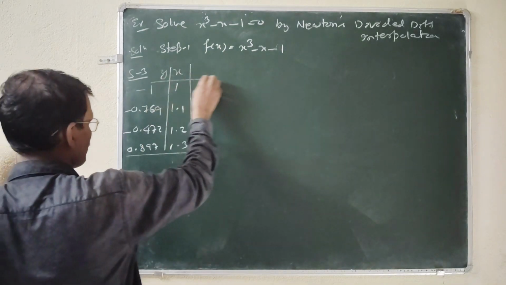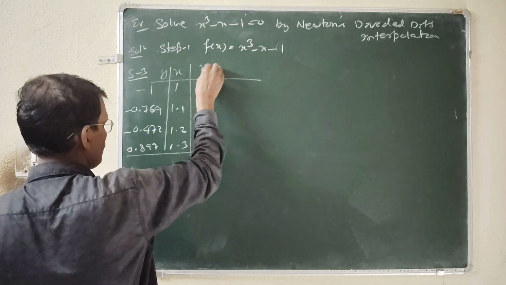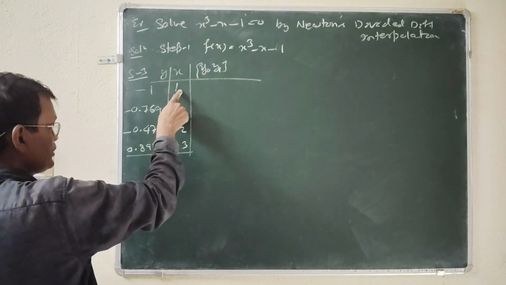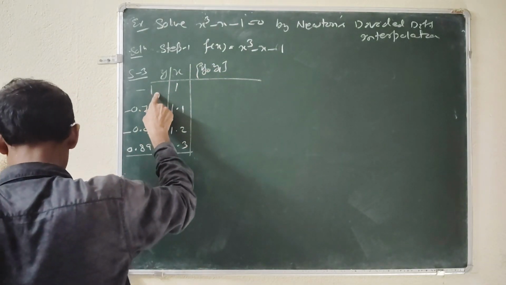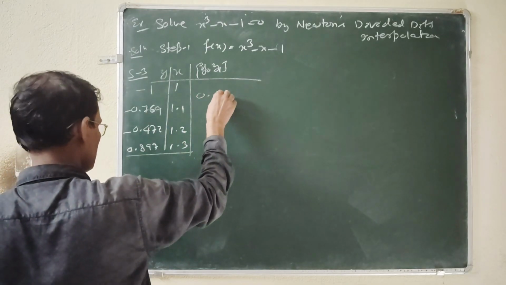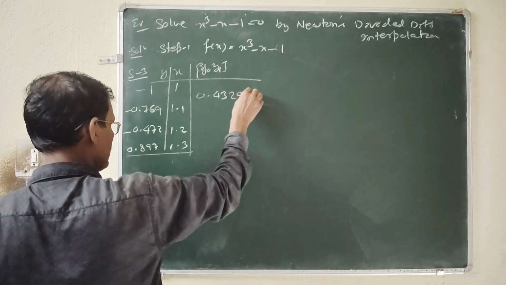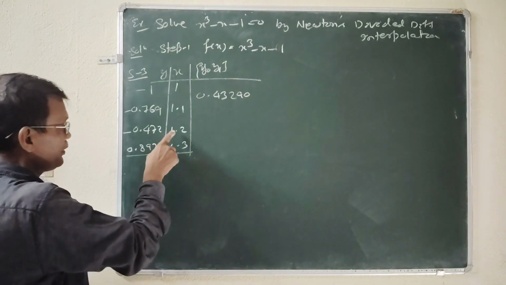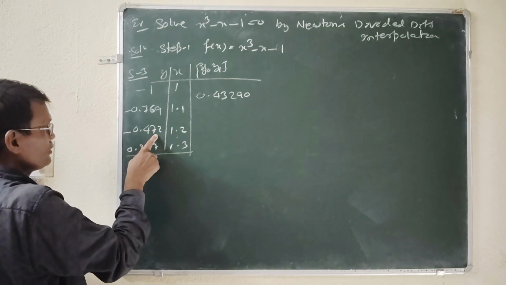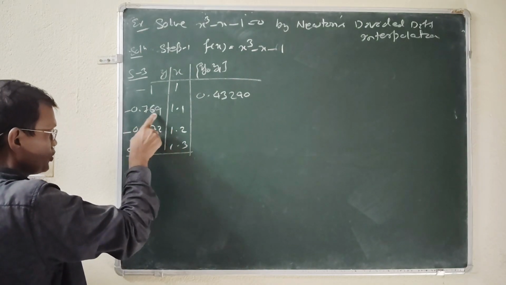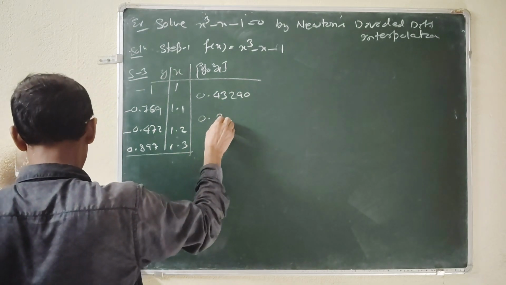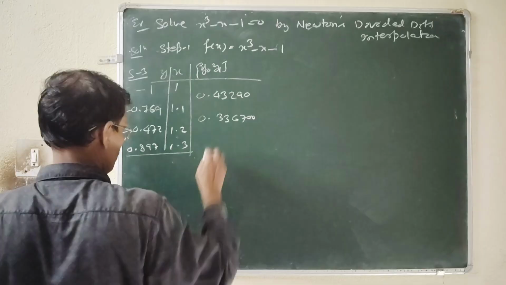Then you find the first order divided difference, that is [y0, y1], means this data minus this data divided by this data minus this data. That gives us 0.43290. Similarly, 1.2 minus 1.1 divided by minus 0.472 minus minus 0.769, and after the calculation it gives 0.336700.